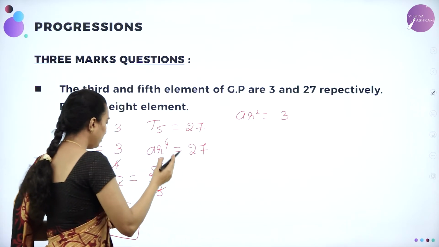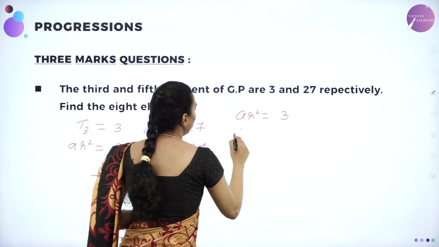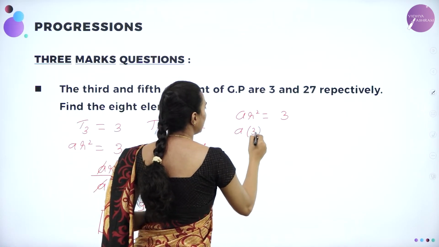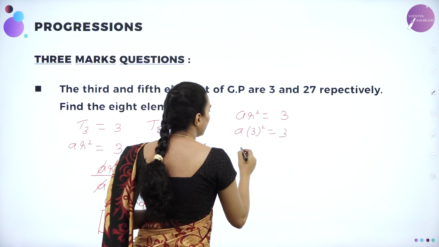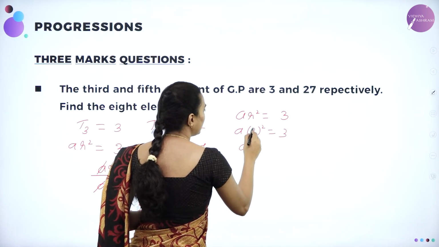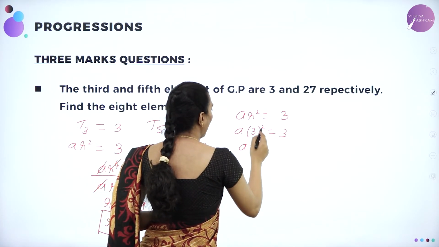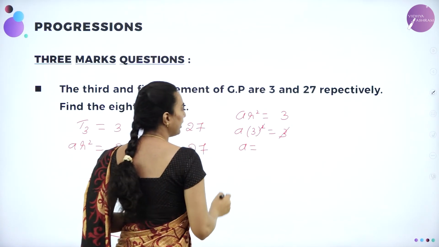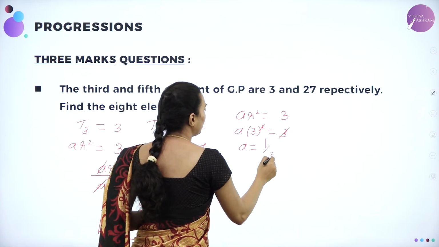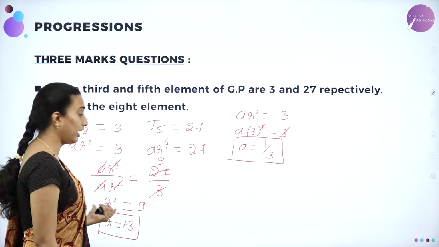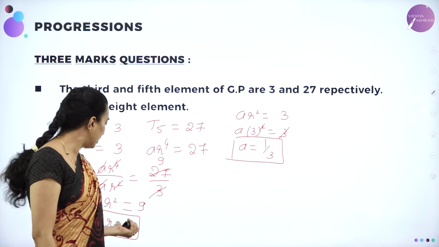R is 3, so A into 3 squared is 3, which implies A is 3 divided by 9, which is 1 by 3. So here A is 1 by 3 and R is 3.